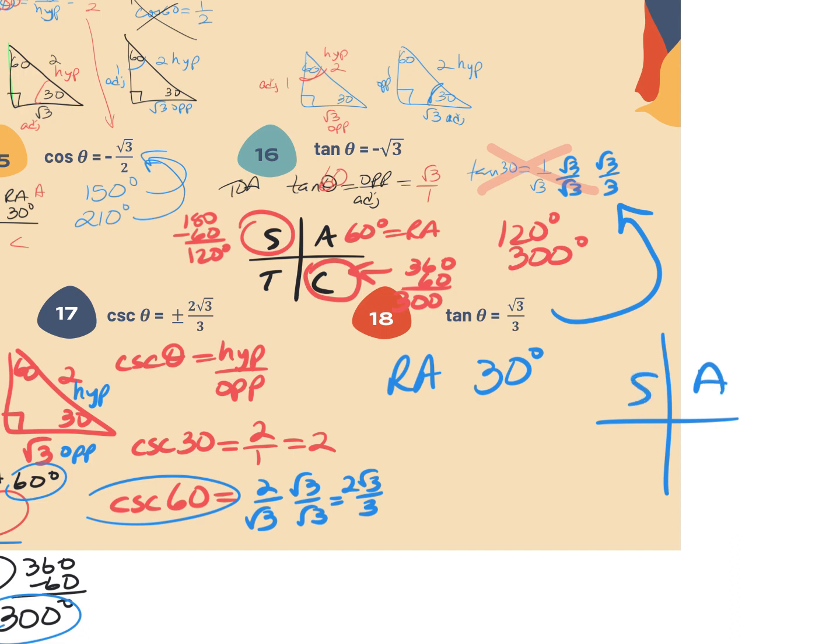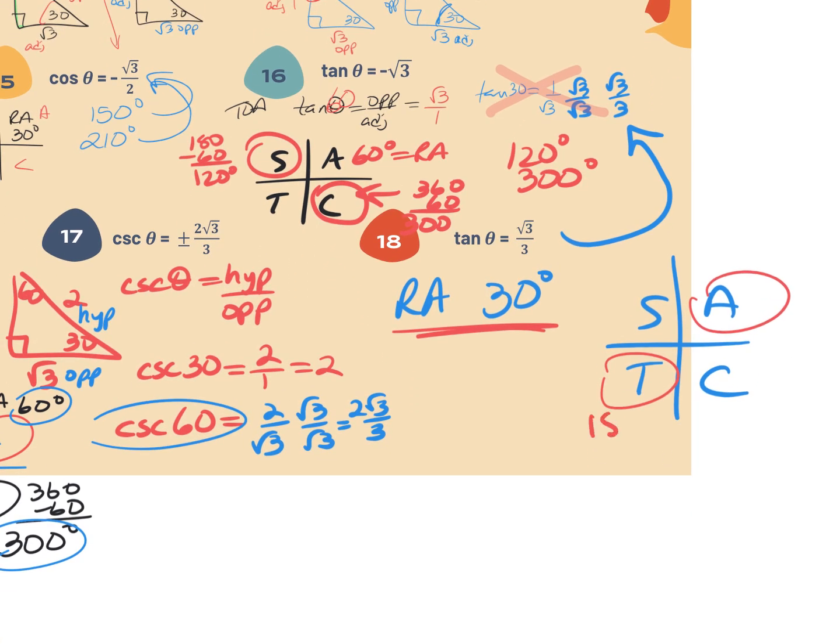So all students take calculus. Tangent will be positive here and here. So my first answer is the reference angle. And then the other answer is going to be 180 plus the reference angle. And it'll be 210. So the two answers for this one are 210 and 30.